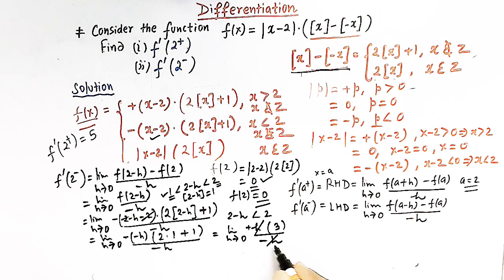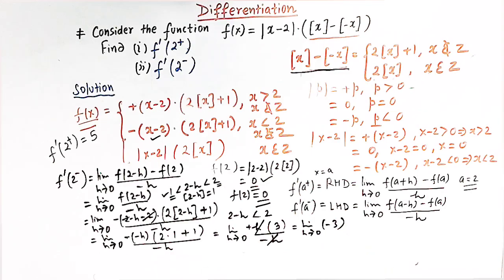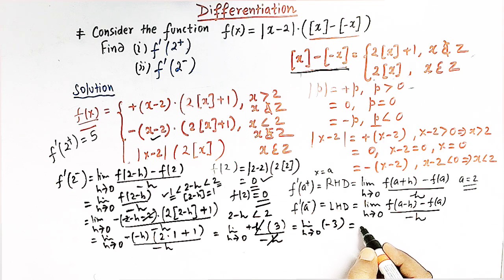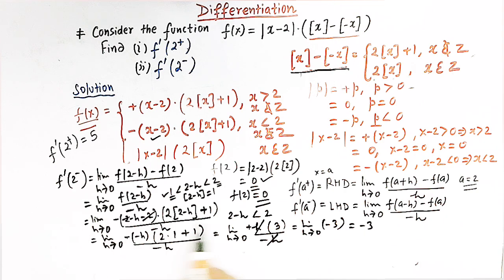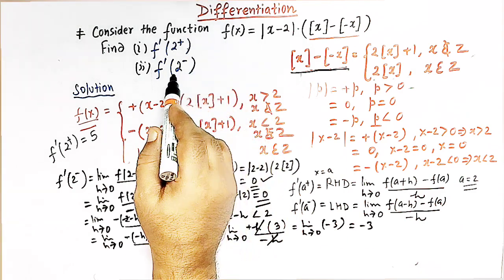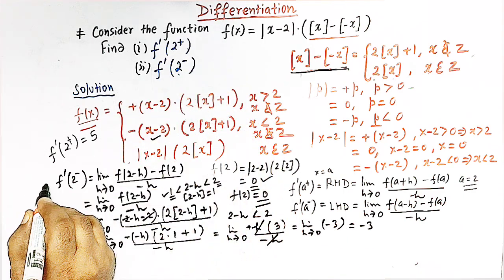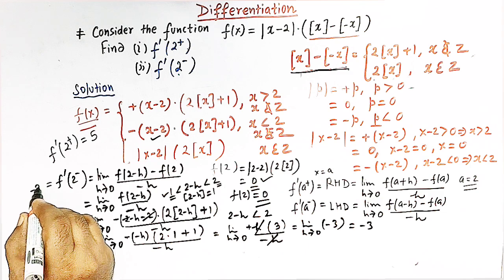Now this h and this h get cancelled, so we have limit h tends to 0, and here we have minus 3. So now we can omit this limit notation, because minus 3 is independent of h, so we have simply minus 3, right? So the value of the left hand derivative of f of x at this point 2 is equal to minus 3.